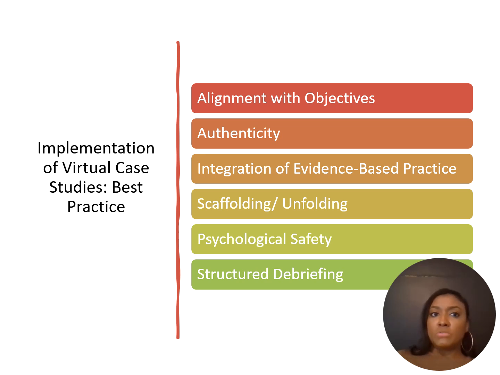You also want them to progress in complexity, so either scaffold or unfold in nature. Employing an unfolding structure, beginning with less complex cases and gradually introducing increased clinical complexity and patient acuity to systematically build student competence and confidence is also important.